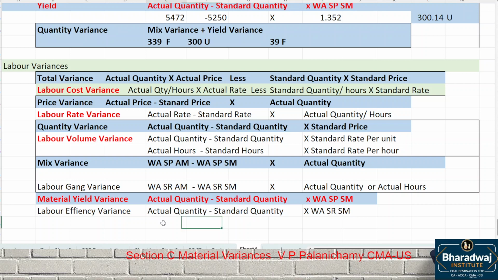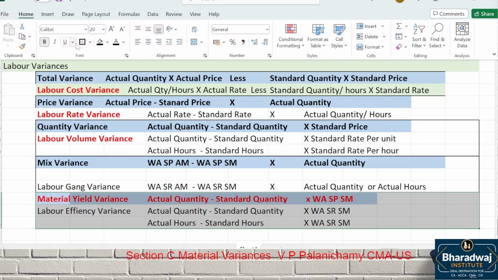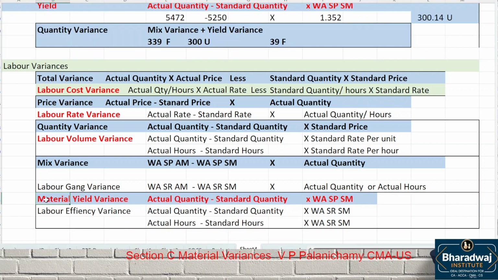If they are paid based on hours, actual hours minus standard hours into standard rate. So whatever I highlighted in green is applicable for labor variances.